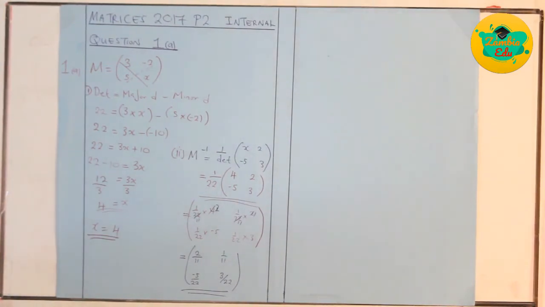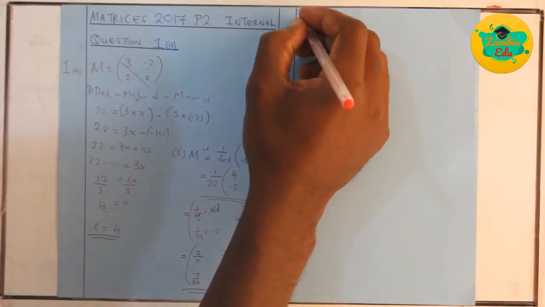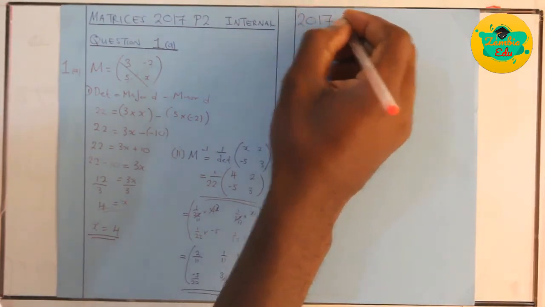So quickly, let's now go and answer the 2017 GCE paper. Now 2017 paper 2 GCE, and that was question 1A as well. Question 1A.